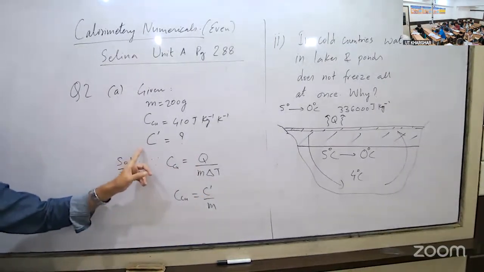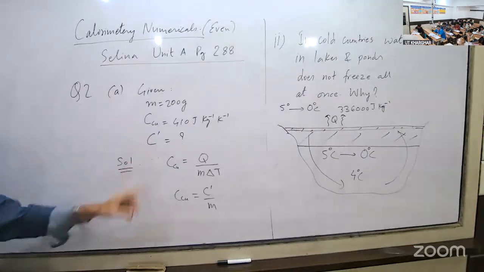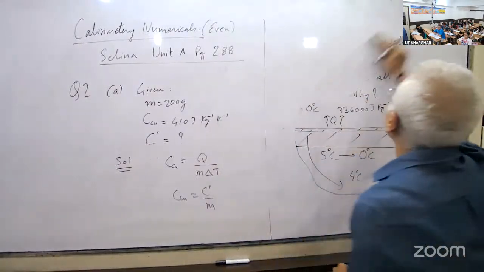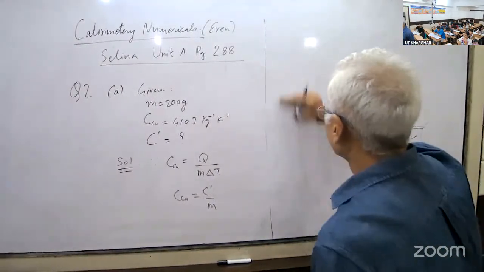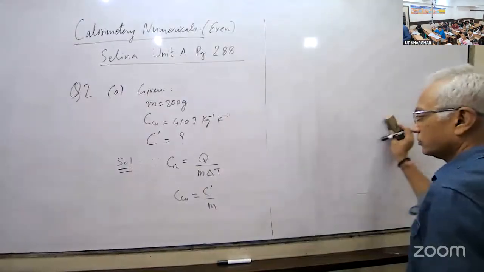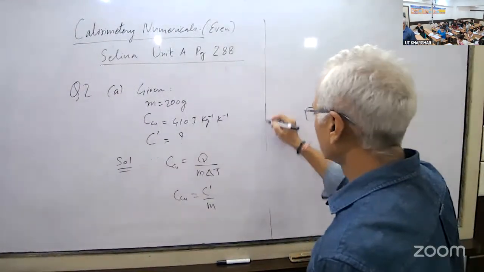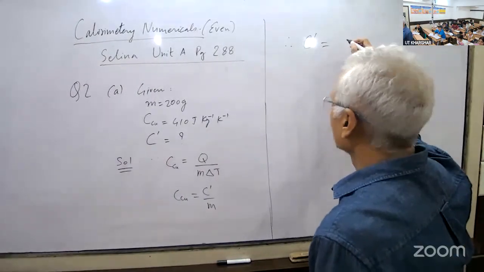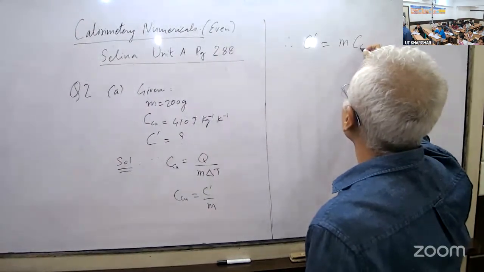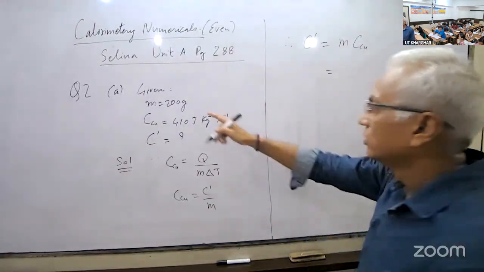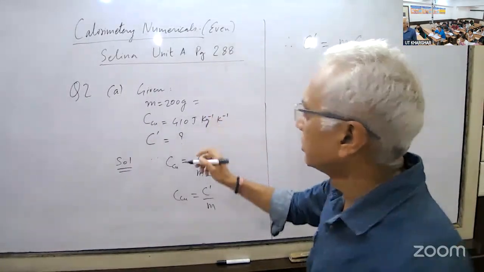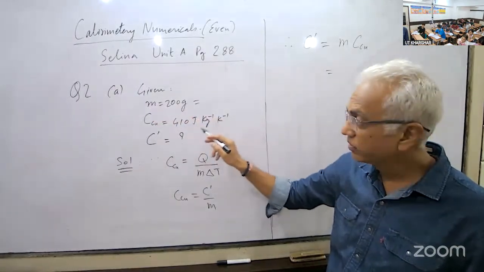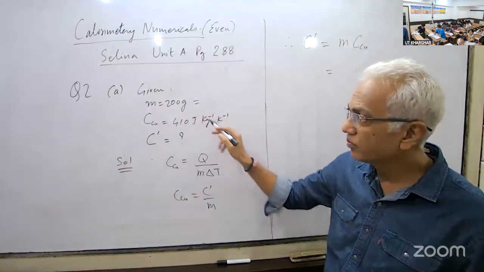Q by delta T is nothing but heat capacity. In this question, we have to find heat capacity, right? So therefore C dash is m times the specific heat of copper. You have to make sure the unit of mass, kg or gram, is the same.